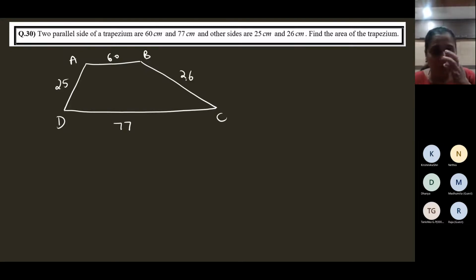As I told you, we do not know the distance between the parallel sides. So construction: mark this E, and draw BE perpendicular to DC. Why? Because BE now represents the perpendicular distance between the parallel sides AB and CD. So now we'll have to find BE.